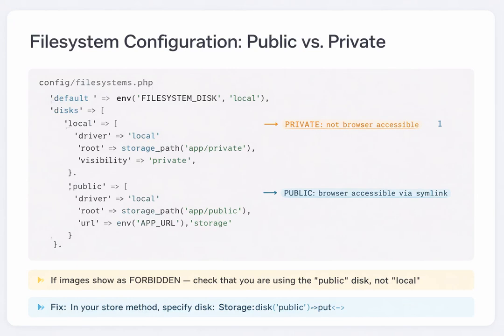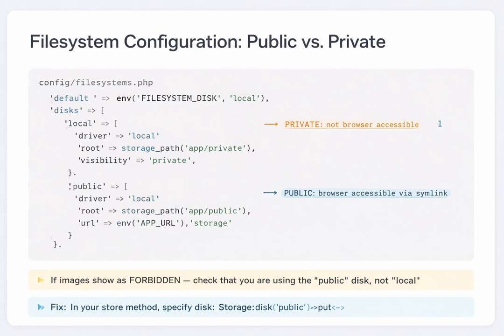If you're seeing a forbidden error when trying to access an image, the issue is likely the file system disk configuration. Laravel has two main disk configurations defined in config/filesystems.php. The local disk stores files in storage/app/private and is marked as private, meaning the browser cannot access these files directly.